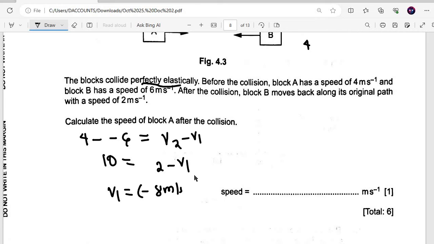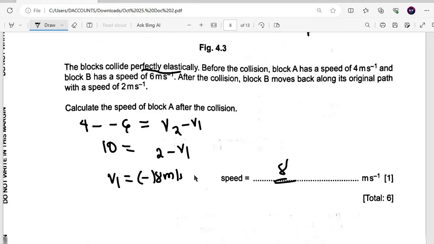That shows the direction. So V1 is 8. That's it. It's moved back. Okay, yeah. If it's moved back, that's going towards the positive direction. Am I correct? Okay. I should read.